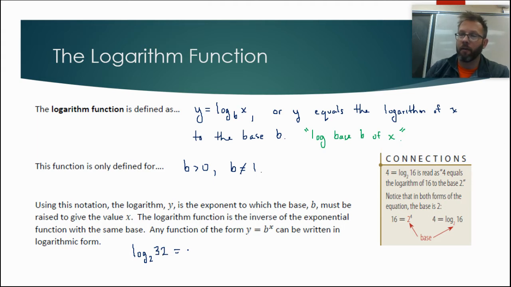What is this saying? This is saying 2 to what power gives you 32? 2 to the power of 5 equals 32. So any function y equals b to the x, we can write it in log form, just like we've been doing. We have an example over here. Just one more example. I know we've done a lot.